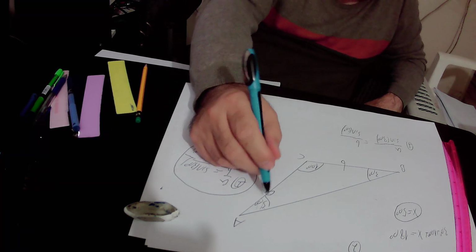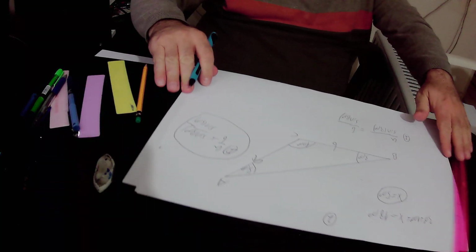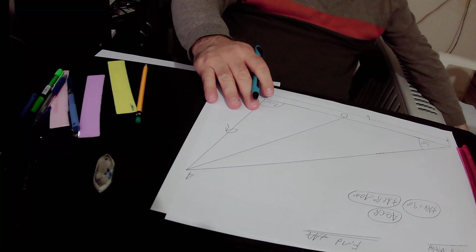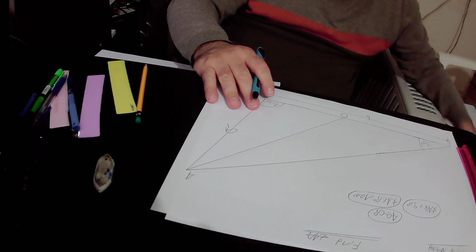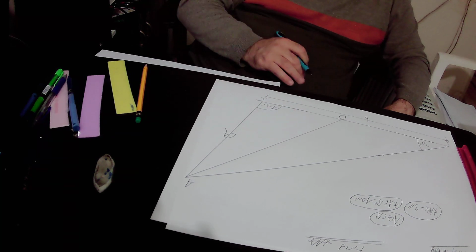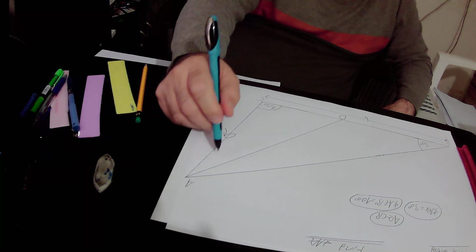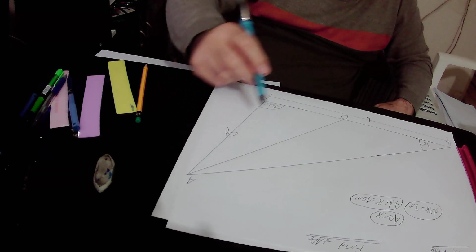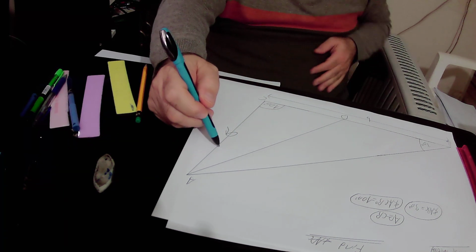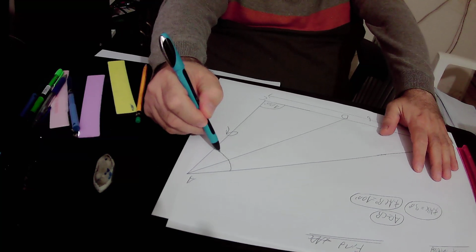So in the next step, we will implement the law of sines in triangle ADC. So we know that angle CAB equals 50 degrees. This angle equals 50 degrees.